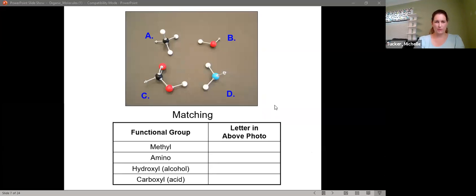Okay, so methyl is not D. It's very similar. Yep, it's A. Very good. Amino group is going to contain nitrogen.